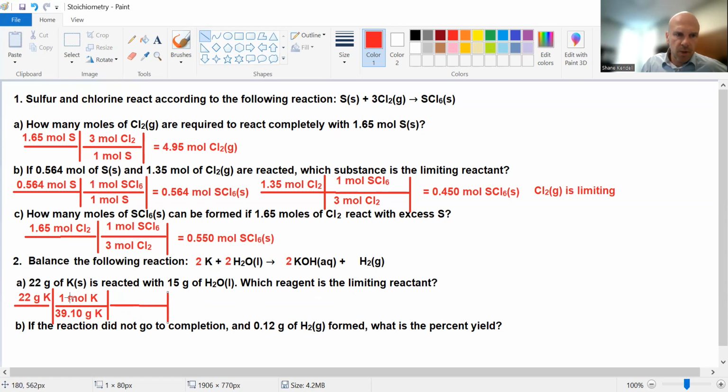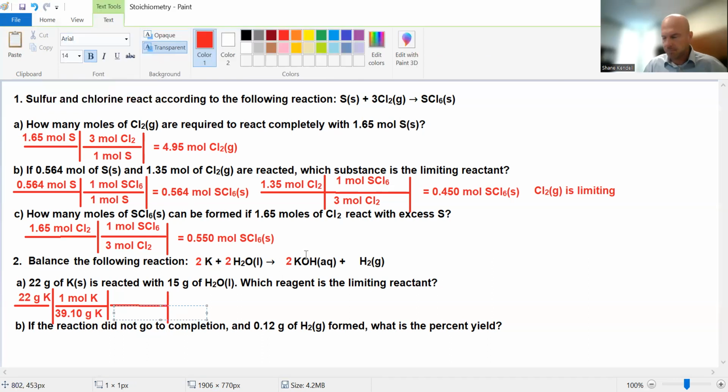But we'll just use the H2 for argument's sake. So my ratio of potassium to H2 is going to be 2:1. So 2 moles of potassium is equivalent to 1 mole of the H2.